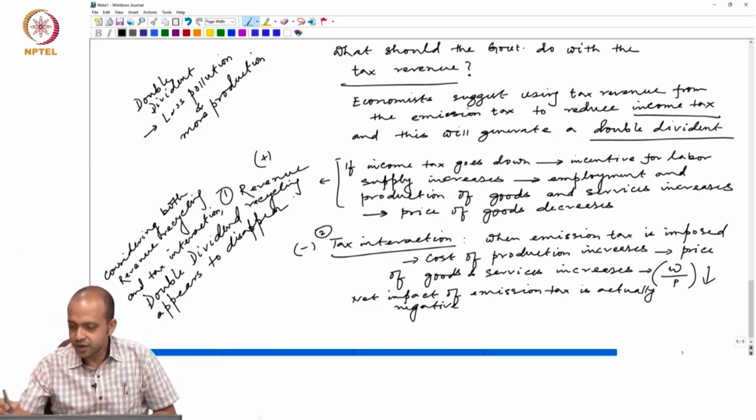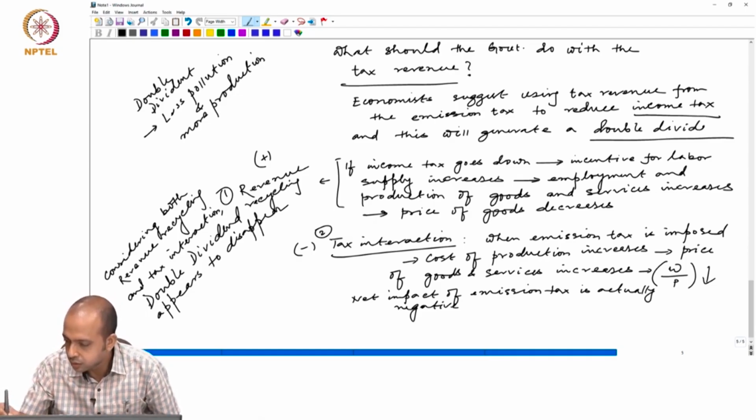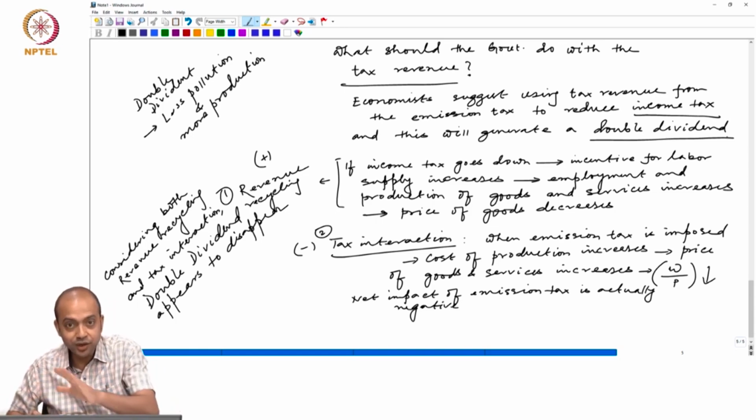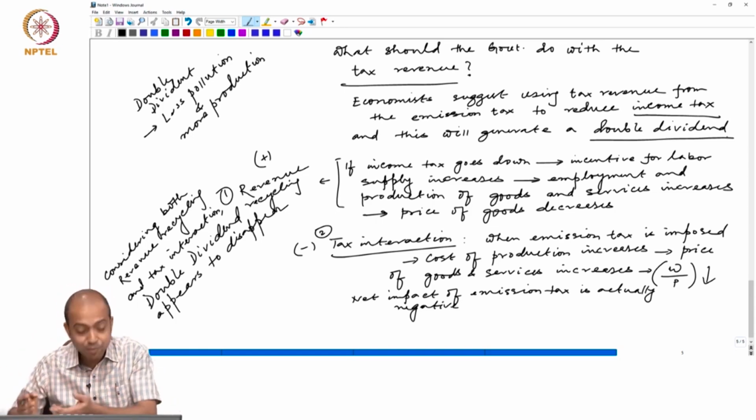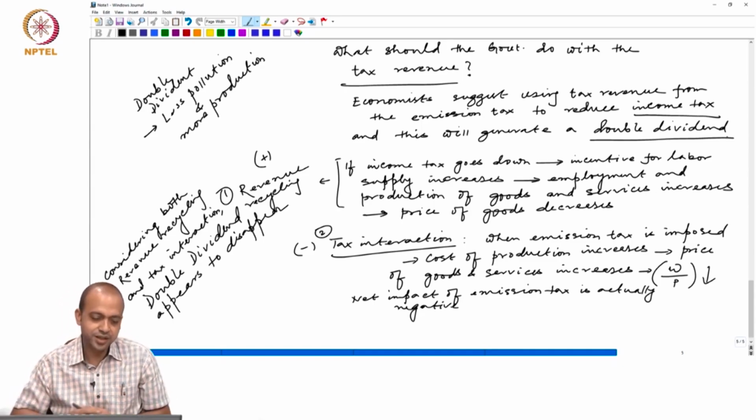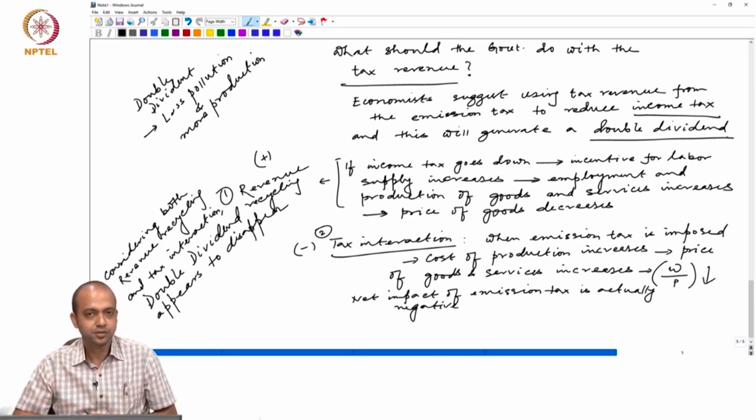Okay, this double dividend, what the economists suggested earlier, actually appears to disappear when we consider this revenue recycling and tax interaction effect. Okay.